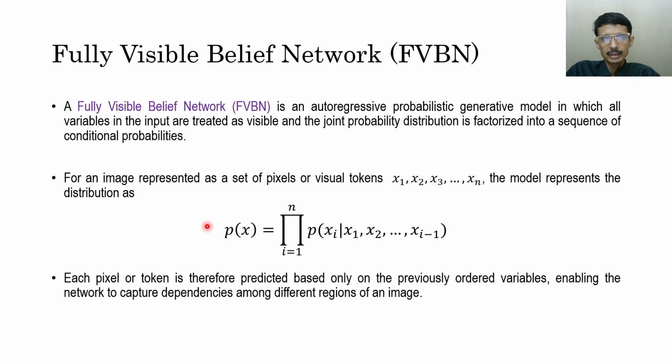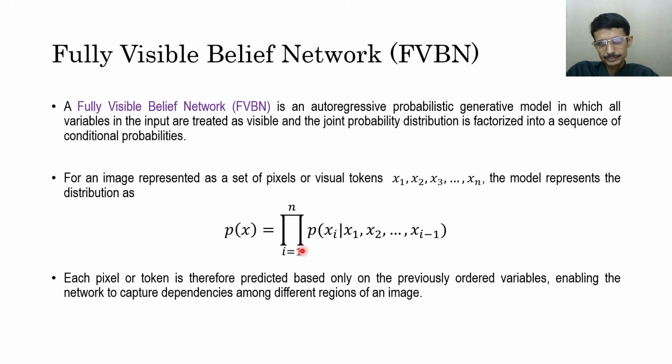So for an image represented as a set of pixels or visual tokens, for example x1, x2 up to xn, the model represents the distribution as the product over i from 1 to n of p of xi given x1, x2 up to xi minus 1.